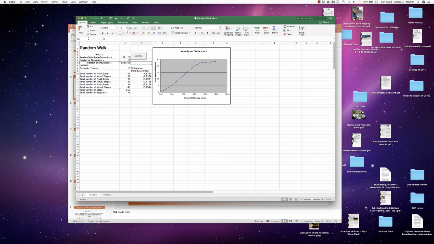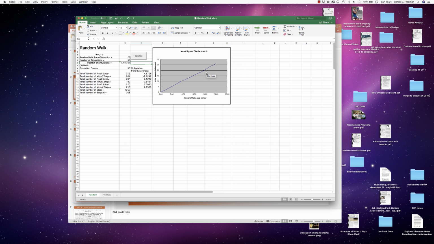And so we have now 10 random walks of 25 steps per random walk, so that's a total of 250 steps. If we go ahead and raise that to 50 and run the simulation again, now you can start to see the mean square displacement really flattening out when we average over 50 of these random walks, each of which will not look anything like this, but on average they start to look more and more like the Einstein relationship.